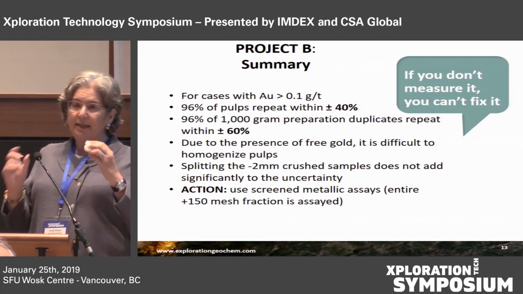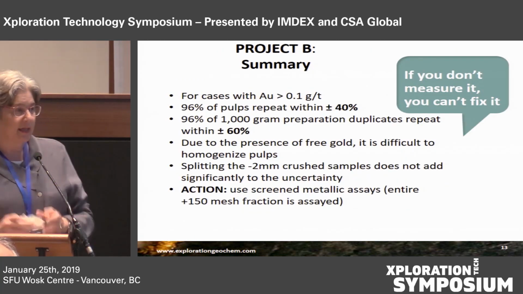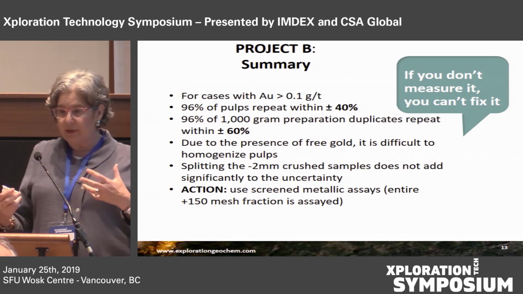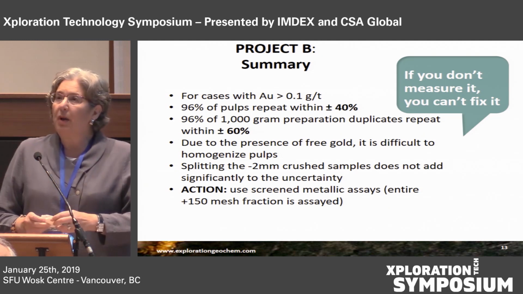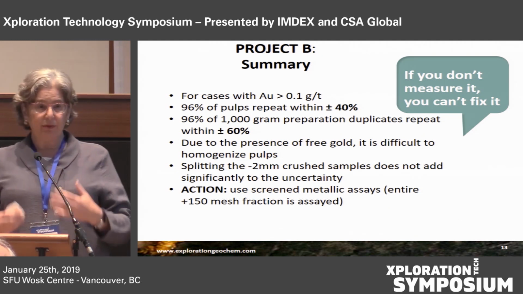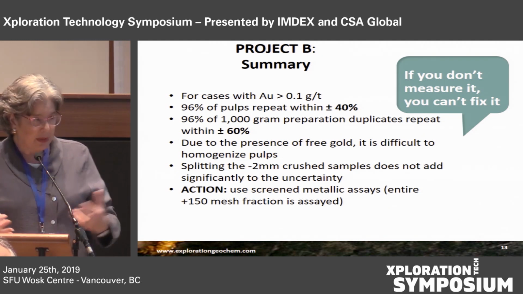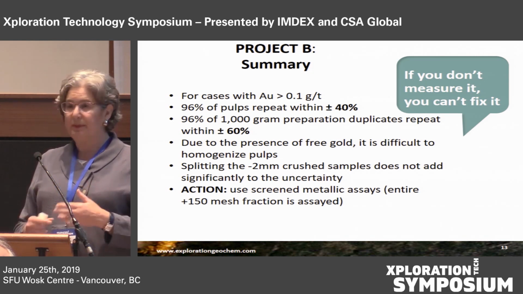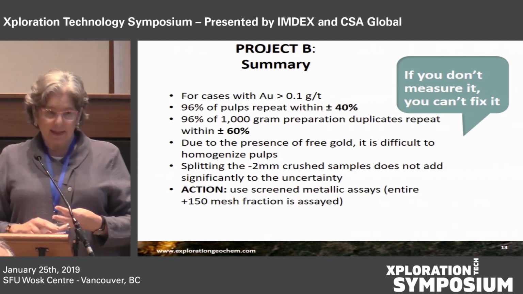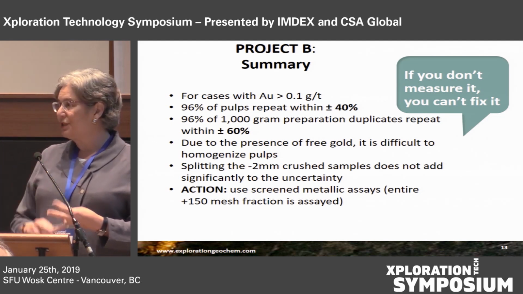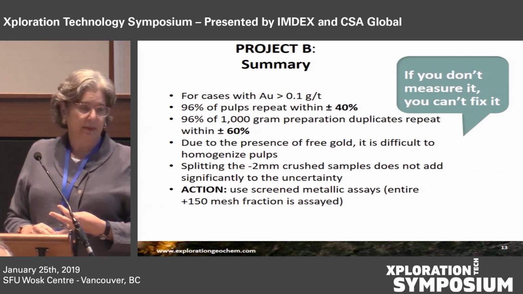So, in fact, in this particular case, and I use this case because it's a particularly egregious case of a nuggety effect for a low-grade deposit, even if you did something extraordinary like double the cost of doing sample prep for the coarse, maybe you crushed it finer, maybe you took an even larger cut, you wouldn't necessarily solve the problem because you still have very noisy assays on the pulp.